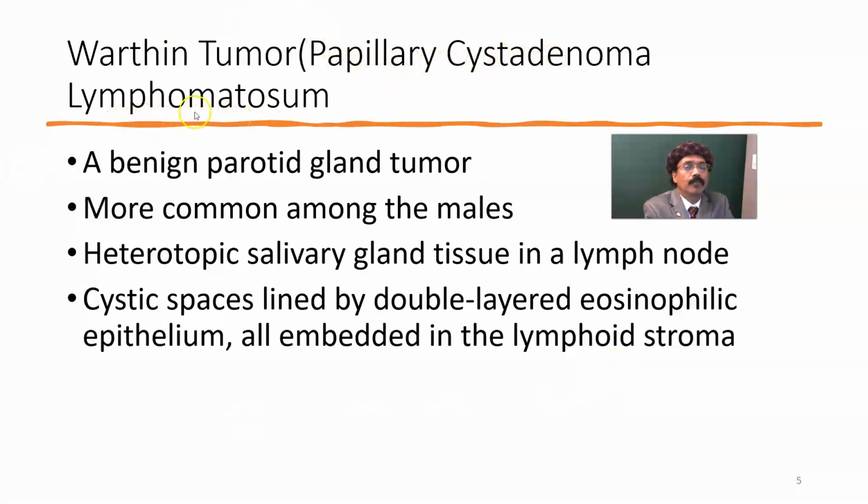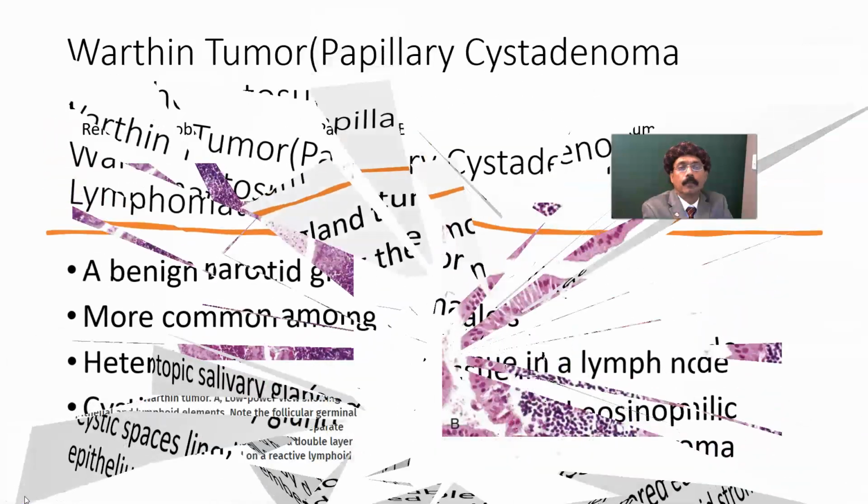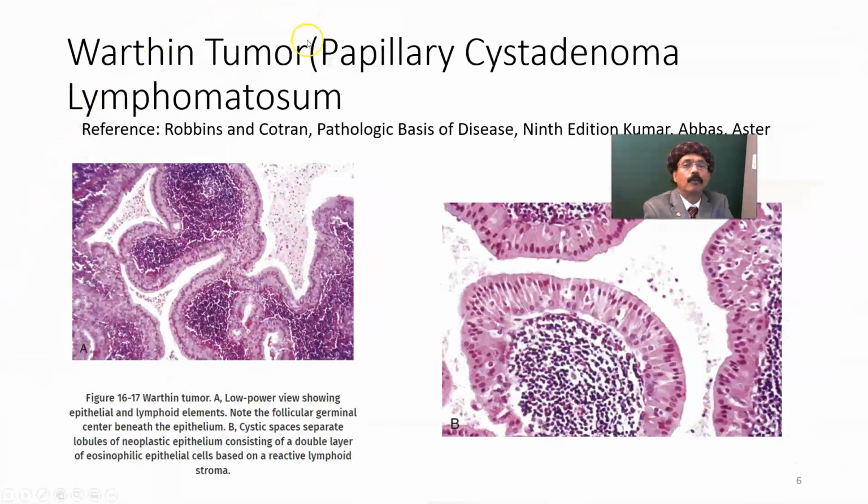We have salivary gland tissue in a lymph node, and that's why its name is like that.